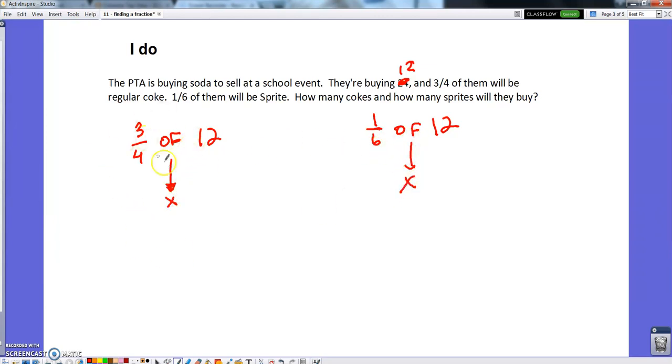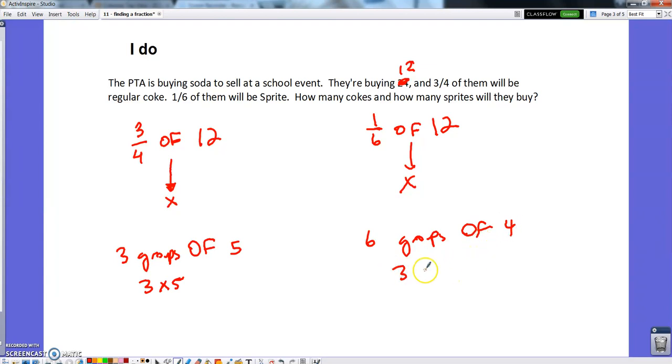You also see that word tell you to multiply when you see things like 3 groups of 5. That would tell you to do 3 times 5. Right? Or 6 groups of 4. That would tell you to do 6 times 4.